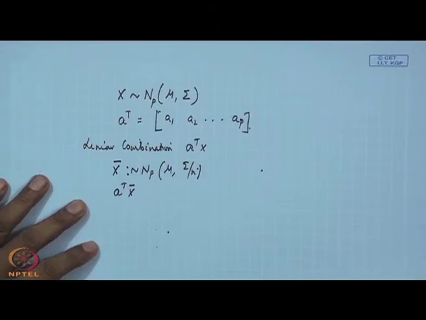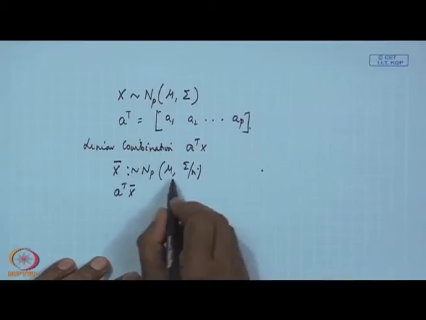One of the properties of the multivariate normal distribution is that a linear combination will be univariate normal. Can you remember? I told you the properties of the multivariate normal distribution. First, if X is multivariate normal, each individual variable will be univariate normal. Second, a subset of the variables will be multivariate normal. Third, a linear combination of these variables will be univariate normal.